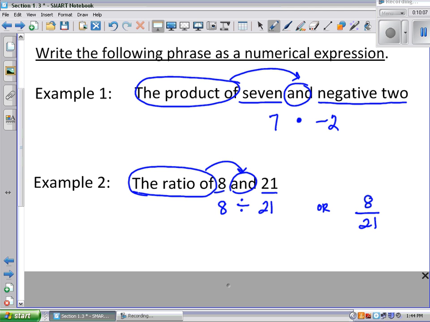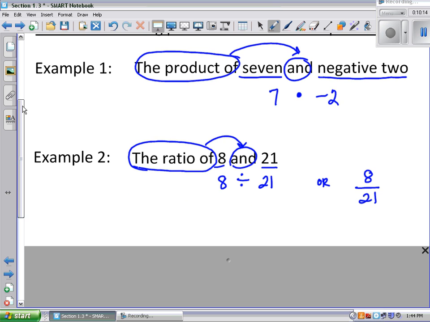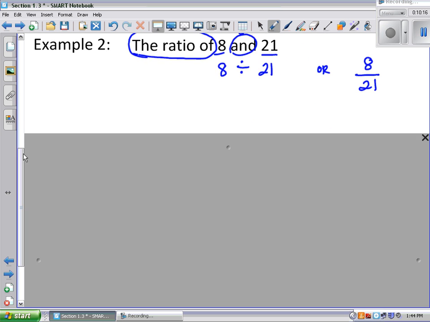When you're multiplying and dividing these particular phrases that we're learning, you can do everything in the same order that it's written in the phrase as you write it in your expression.